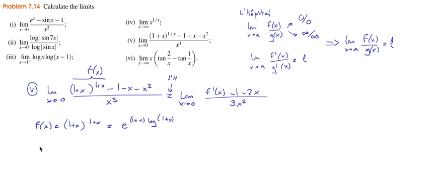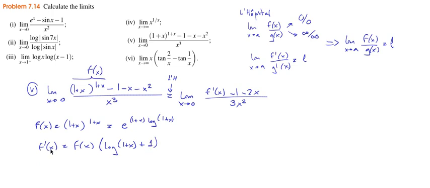So if we compute the derivative of f, it's 1 plus x to the power, let's say it's f, right, times the derivative of the exponent, which is the logarithm of 1 plus x plus, and then we have 1 plus x divided by 1 plus x, 1, okay?